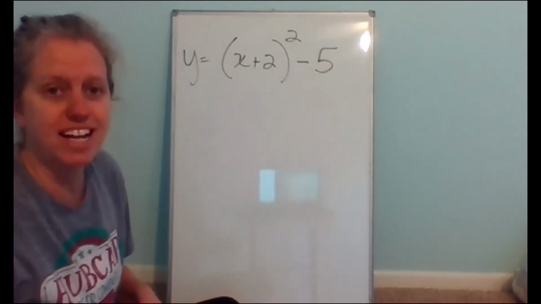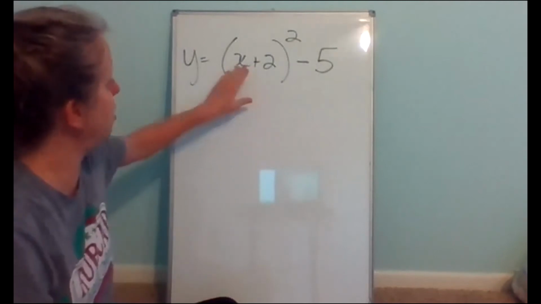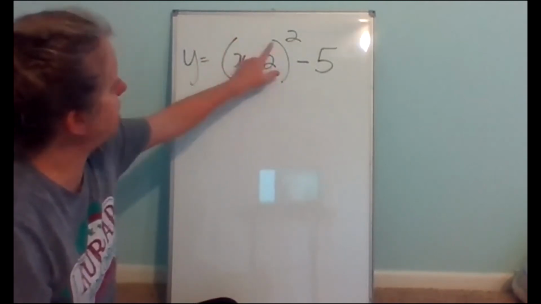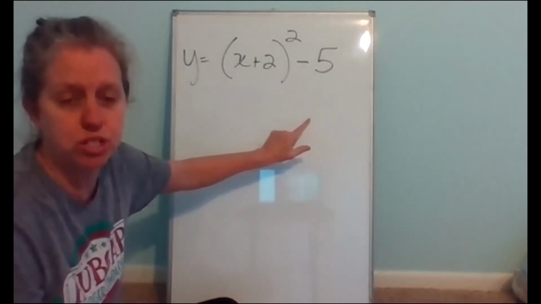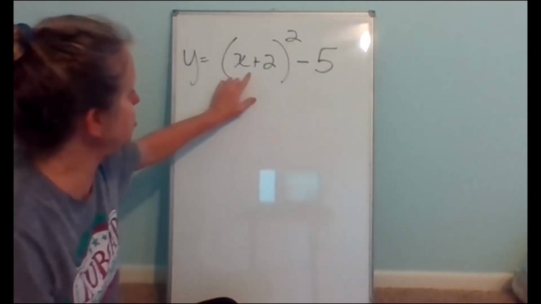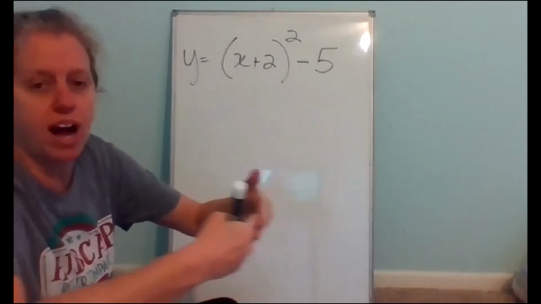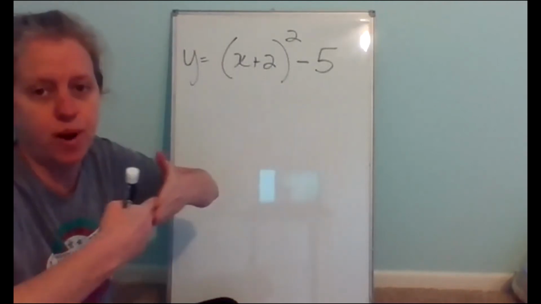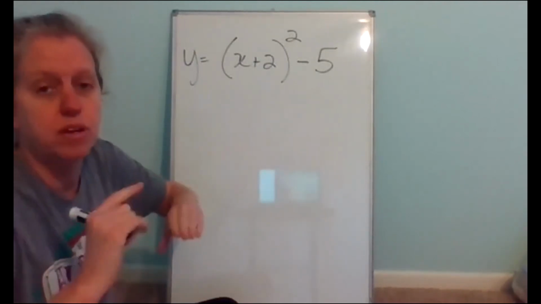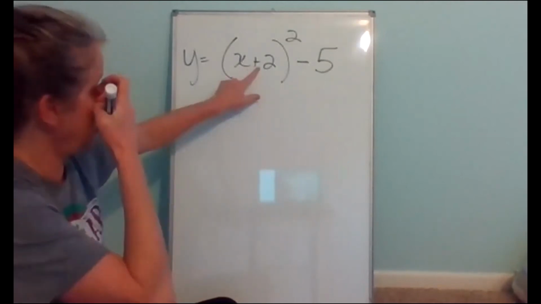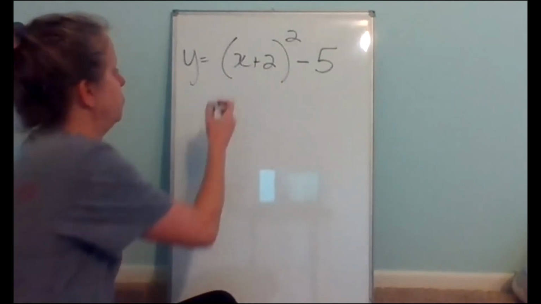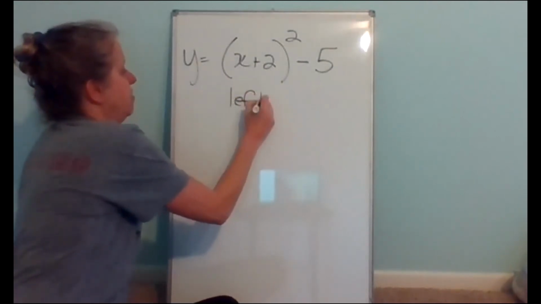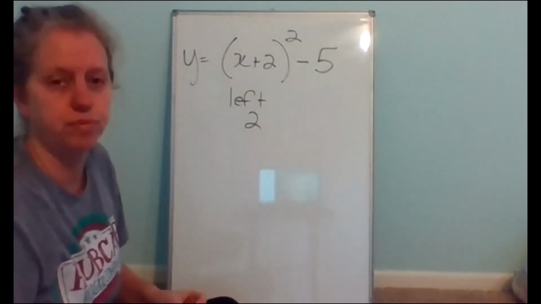Okay, when I'm talking about an inside number, I'm talking about the numbers that are inside the parentheses or inside of a square root symbol. These are the numbers that shift the graph horizontally, left and right. You go opposite the sign. So this one would actually shift this graph, since it's a +2, it would shift it to the left 2.